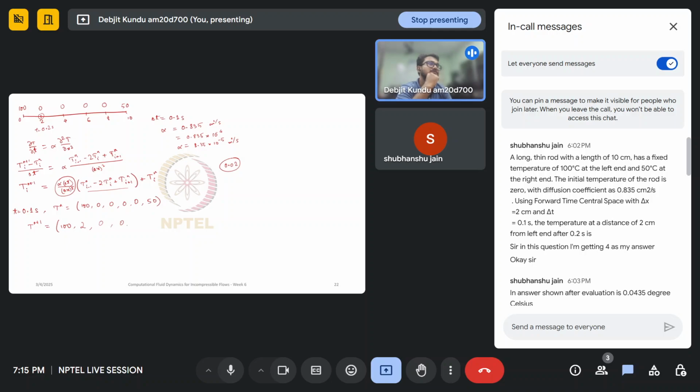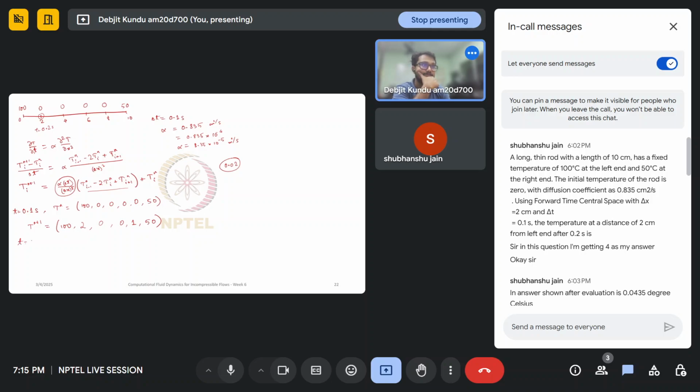This should stay 0. This again will have some value, which is 50 over here, and that's 0.02 into 50. How much is that? It is 1. So 1 comma 50. So this is my first time step.